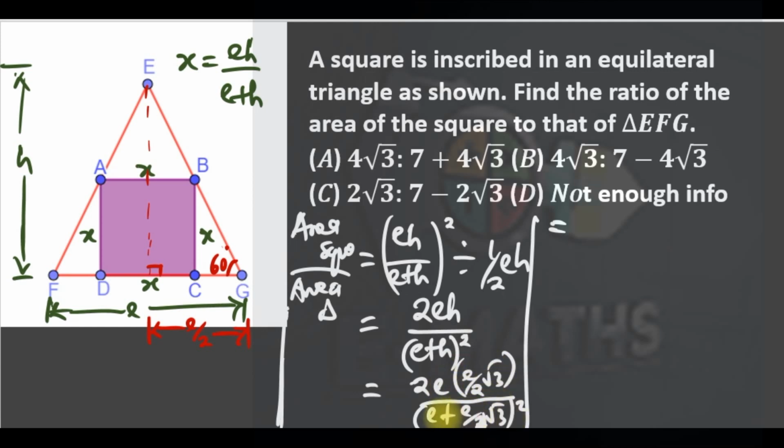Coming to here, E is here, there is square. So if you factor E, it is now E squared. So I'm left with root 3 over, what is left here is 1 plus root 3 over 2 squared, which is 1 plus 3 over 4 plus root 3.